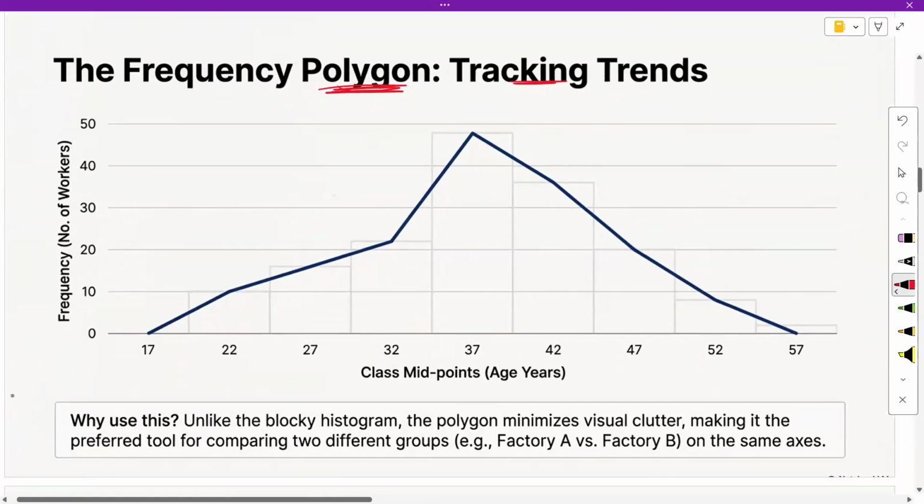Right, here you see this is 19.5, this is 24.5, and this is 29.5, this is 34.5, like that. Here is our previous histogram, and here we find the midpoints, the mid values.